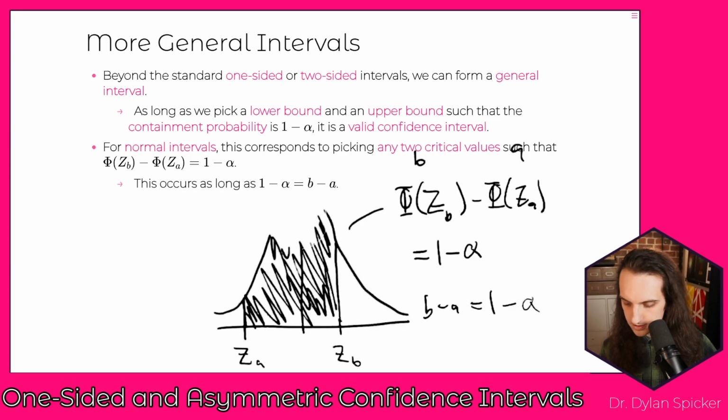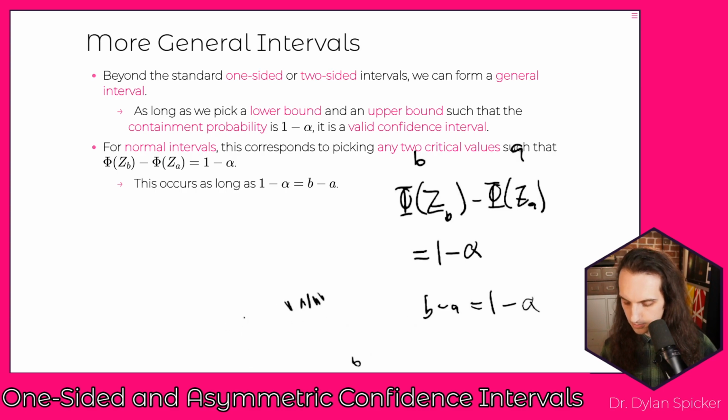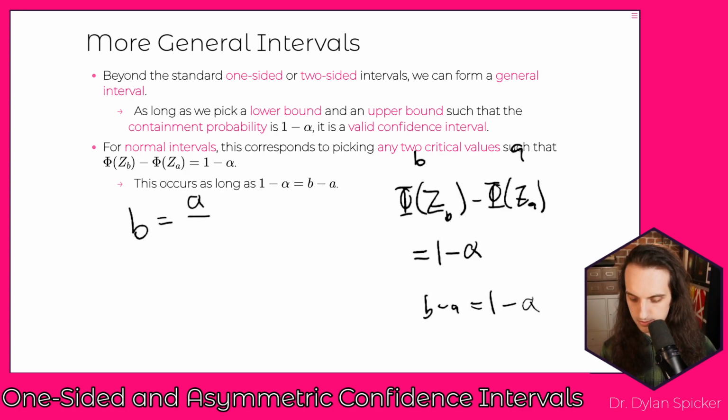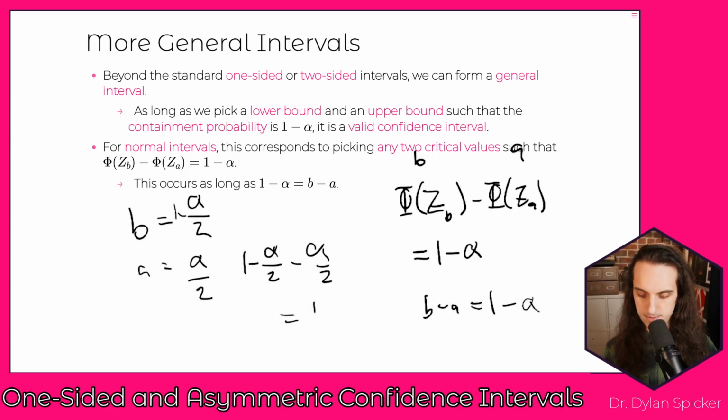And we can think about the values that we would normally pick here, right? So the normal values that we're going to take is B equal to 1 minus alpha over 2, and A equal to alpha over 2, right? And so then if we take B minus A, we get 1 minus alpha over 2 minus alpha over 2, which is 1 minus alpha, right?